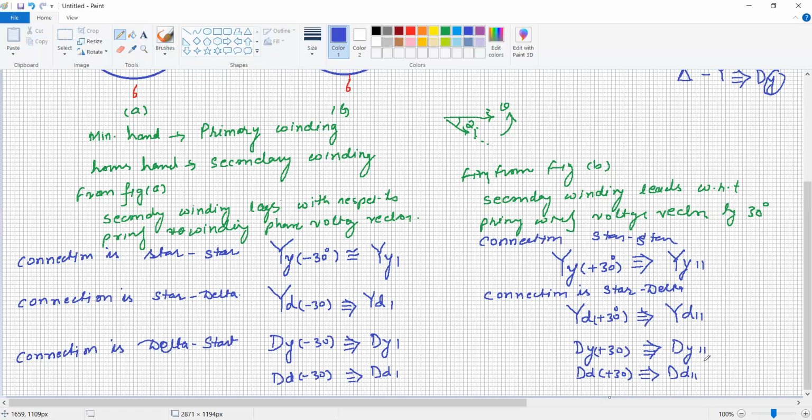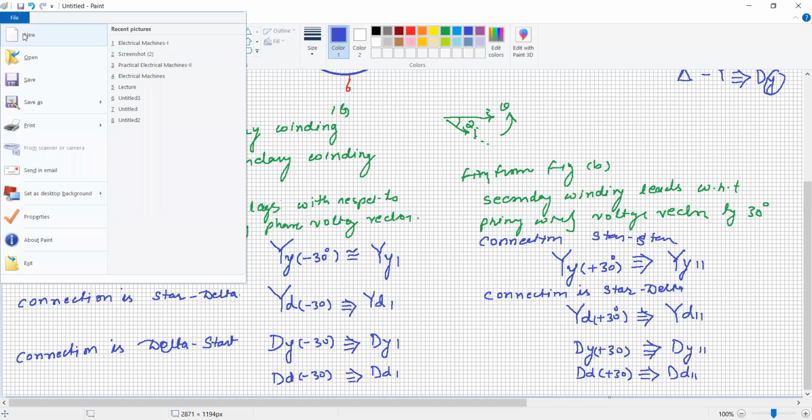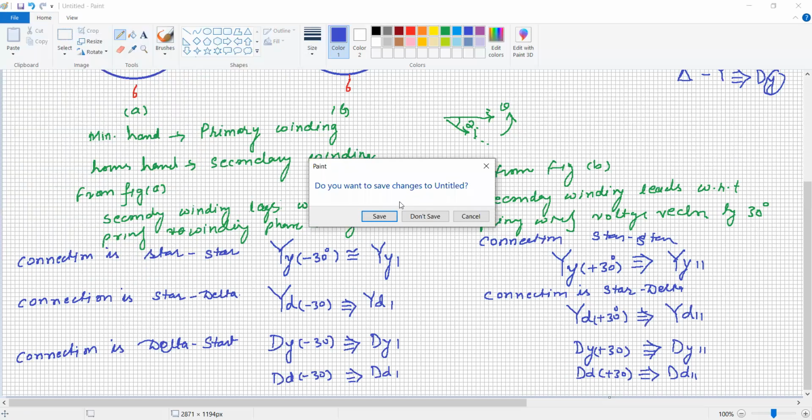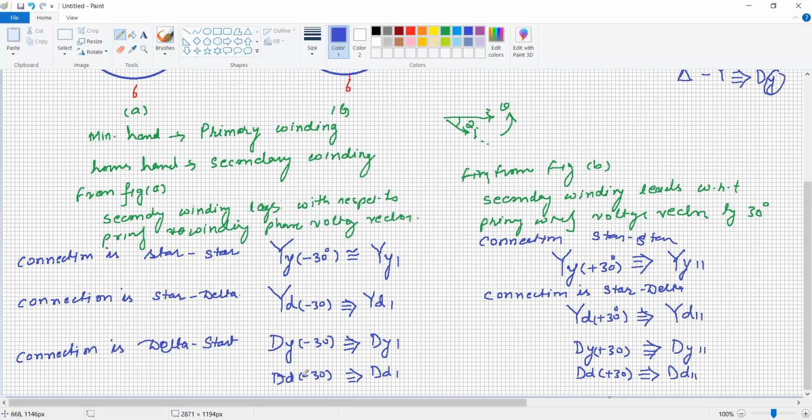So this is the 30 degree phase shift in the transformer. Next, Dd and Dy will be there. Okay, Dy will be there. Dd will not be there. Okay, so this will not be there. We will see by considering these two vectors.